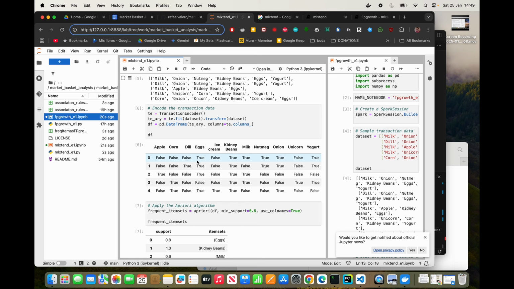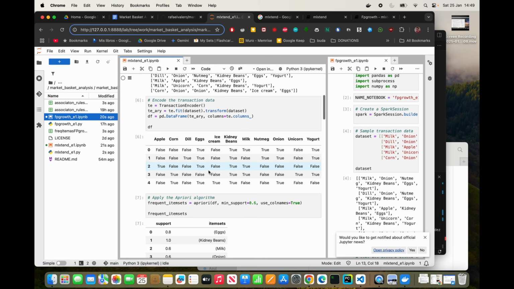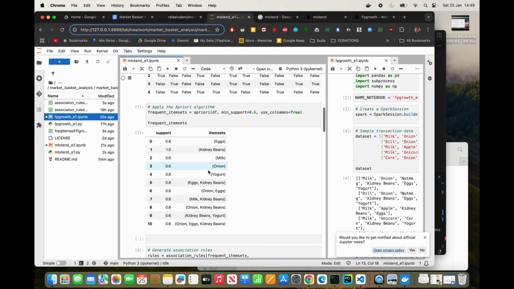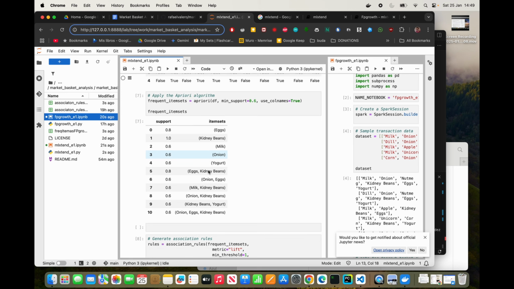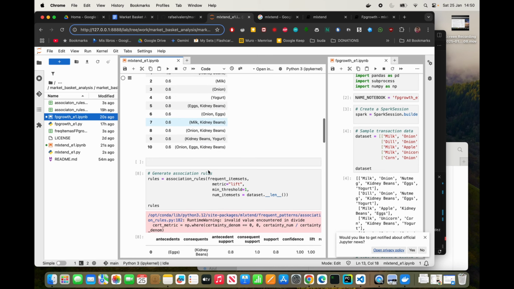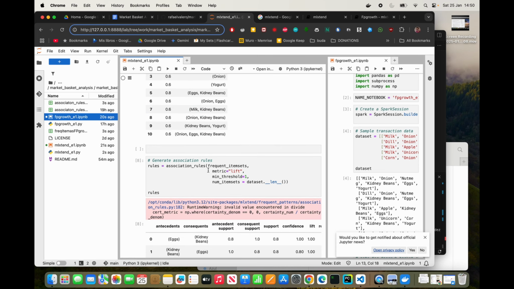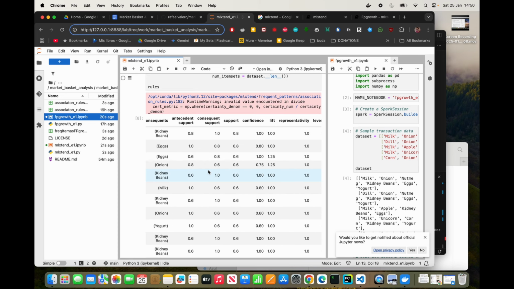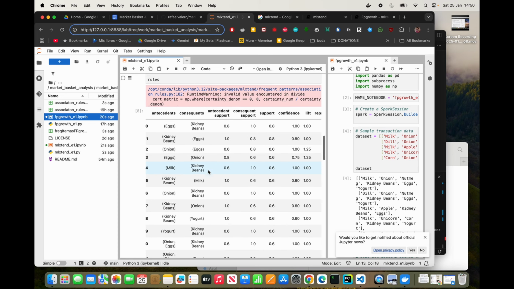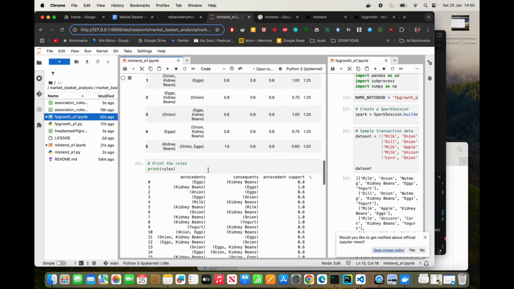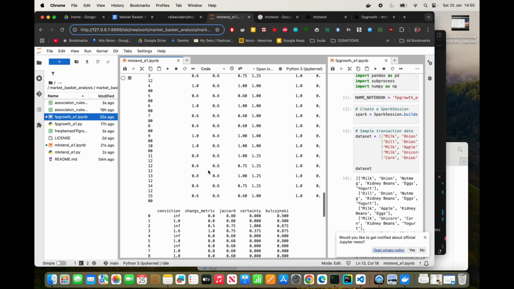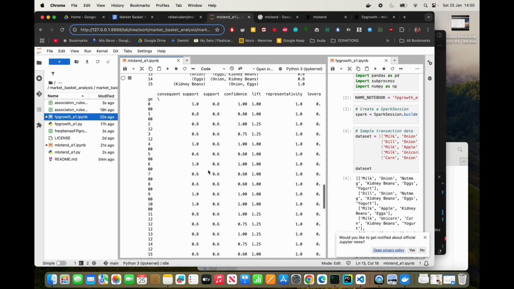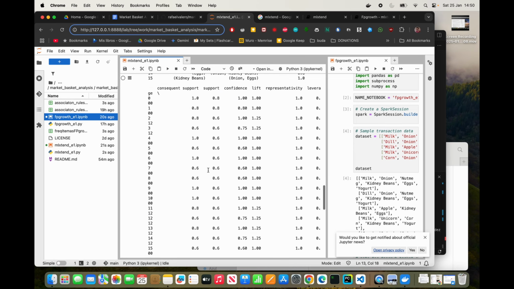This kind of matrix is a very sparse matrix, which could really be not the best in terms of memory, but still could be very efficient. Here is the Apriori output, which is definitely very common and very used. Probably there are many potential videos around explaining it in more detail.